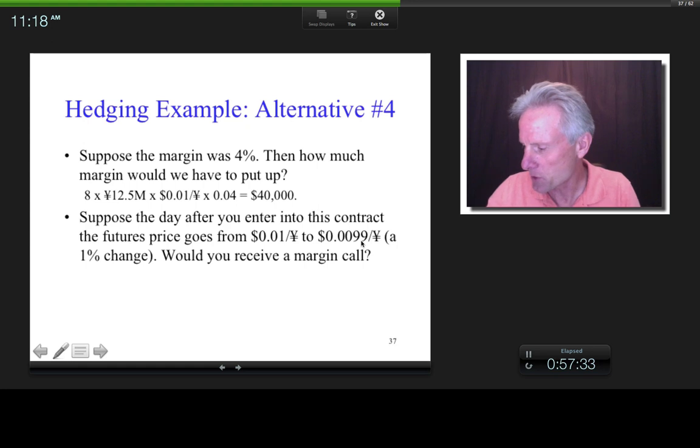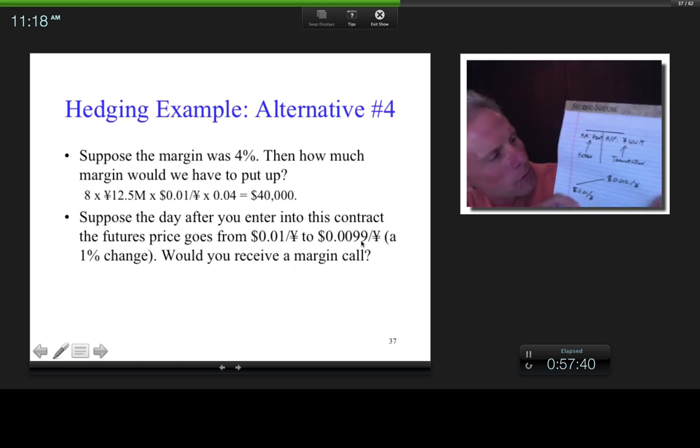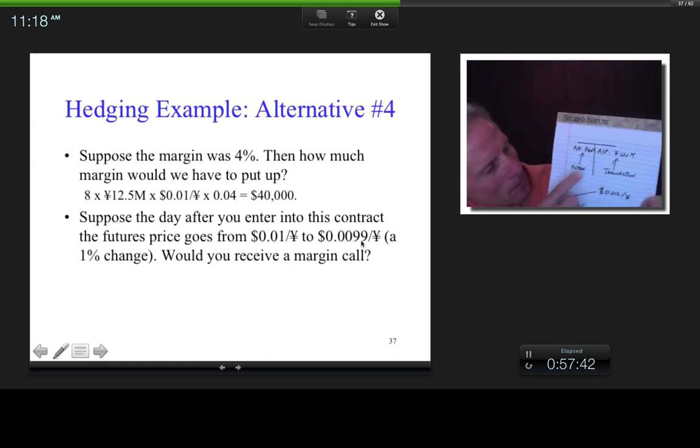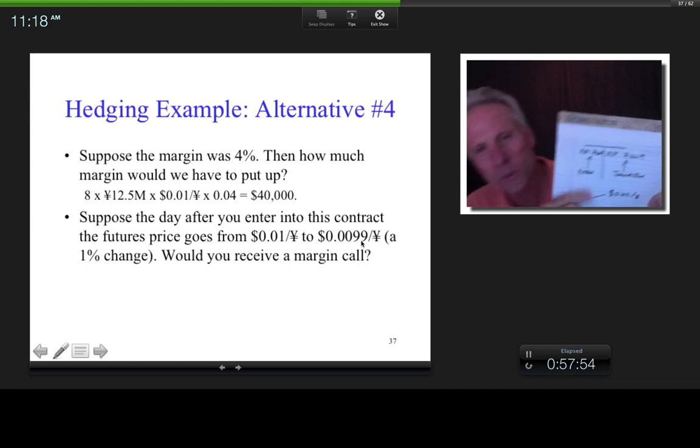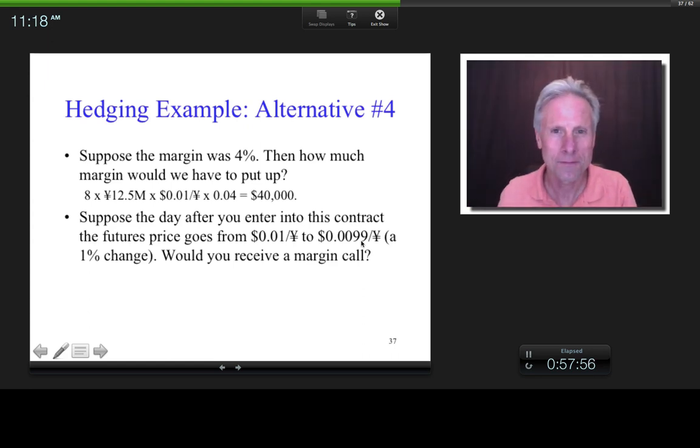The yen's depreciated, right? And for your hedge, for the futures, are you long or short yen? You're long, right? So when you're long something, and that something goes down in value, have you made money or lost money? You've lost money, right?